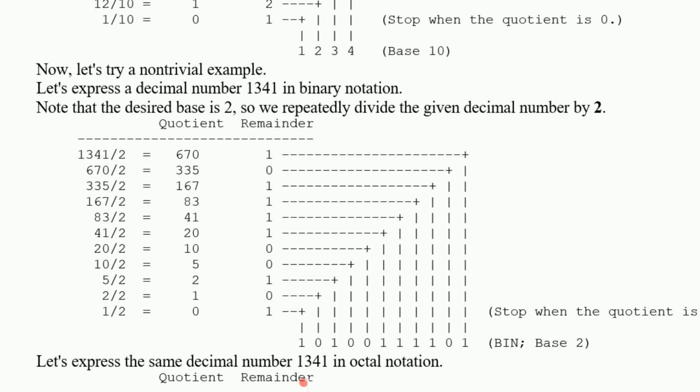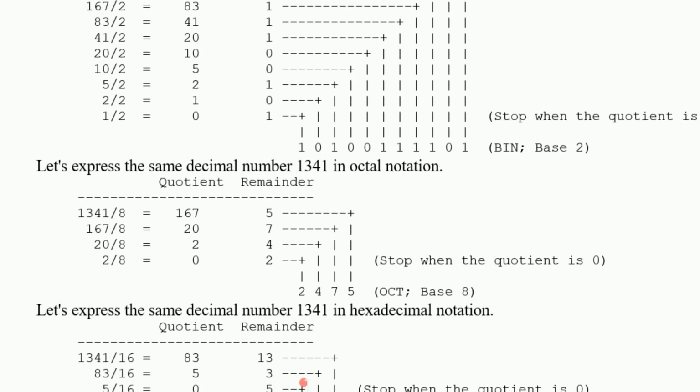In the same way, for octal we take 8. The decimal number we want to convert to octal, we divide it by 8. Whatever quotient comes, we keep, and the remainder we write down.